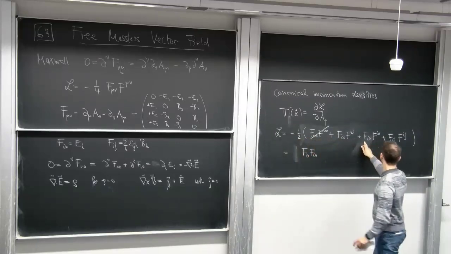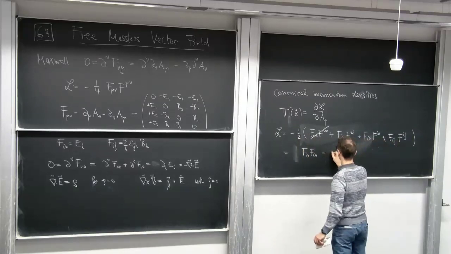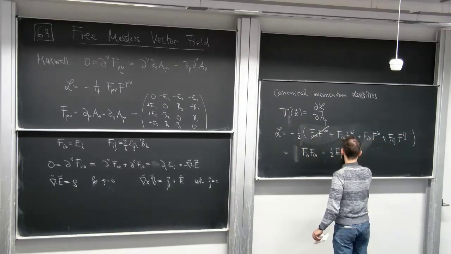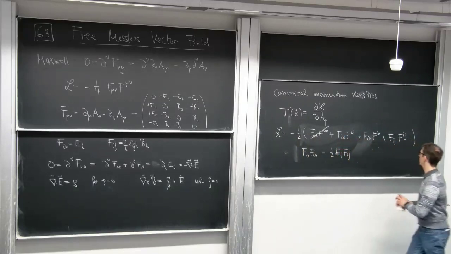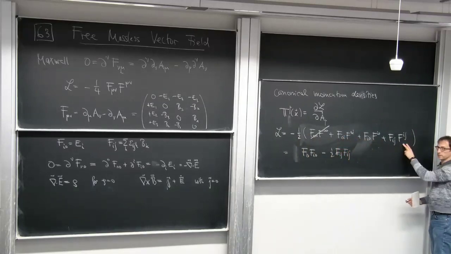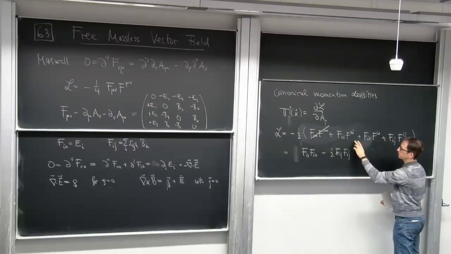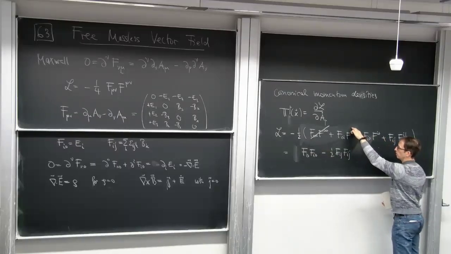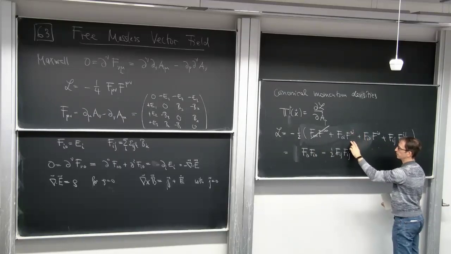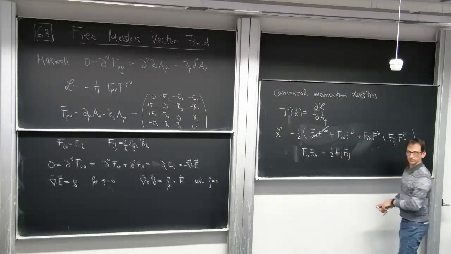What's that? Minus 1/2 Fij. So two minus signs, and this minus 1/2 stays. One minus sign for pulling them down, here and there. Two minus signs by switching them, adding the two goes away.